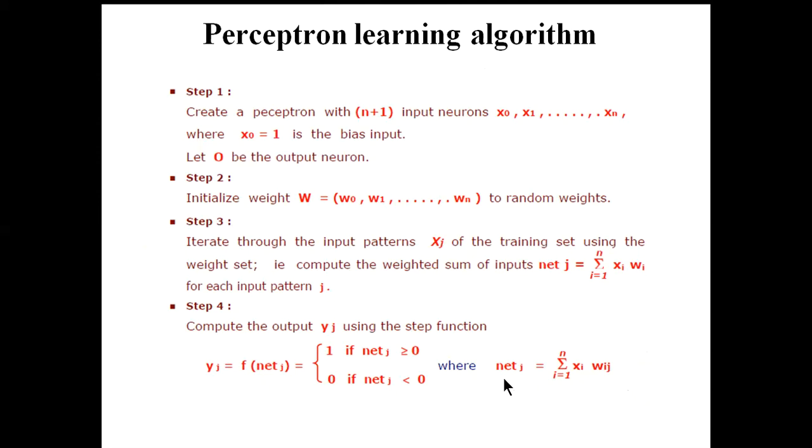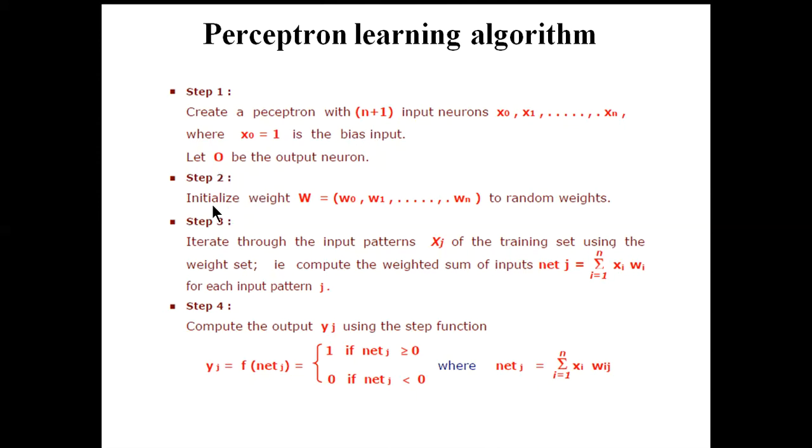Now this is basically the perceptron learning algorithm. Using this algorithm, a perceptron can identify or set its weight and bias values. There are lots of steps. Initially we have training data like x0, x1, xn, and we also have the bias input.